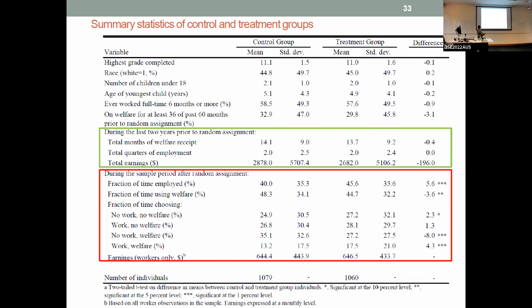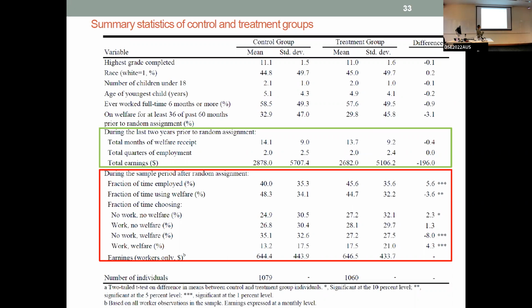Here is the standard balancing table, consisting of summary statistics of the control group not subject to time limits and the treatment group subject to time limits. There are minimal differences by demographic characteristics and by pre-random-assignment behavior.